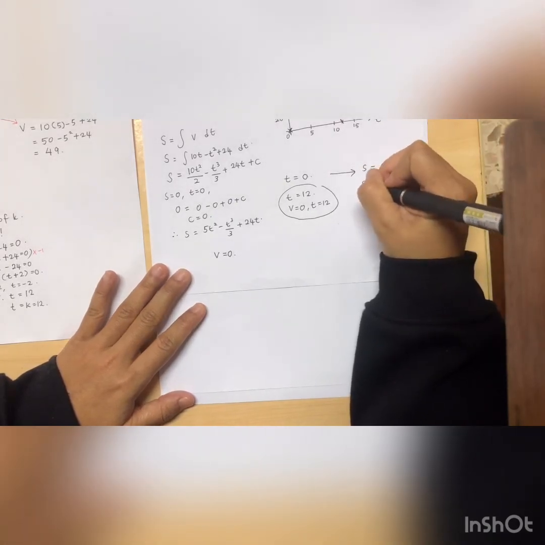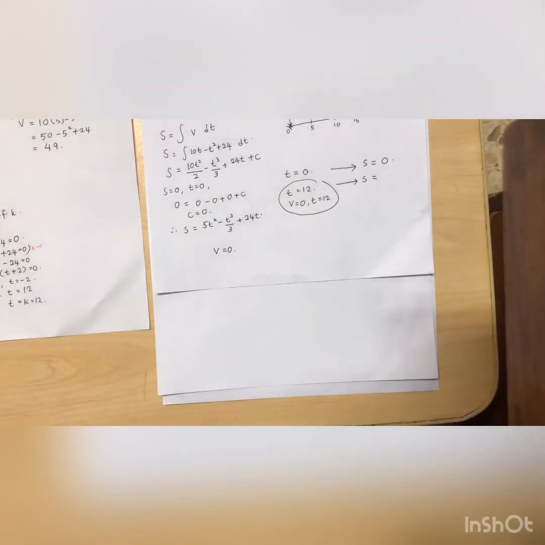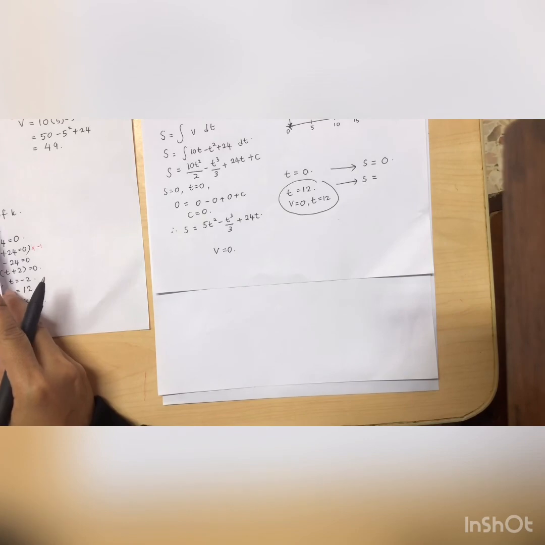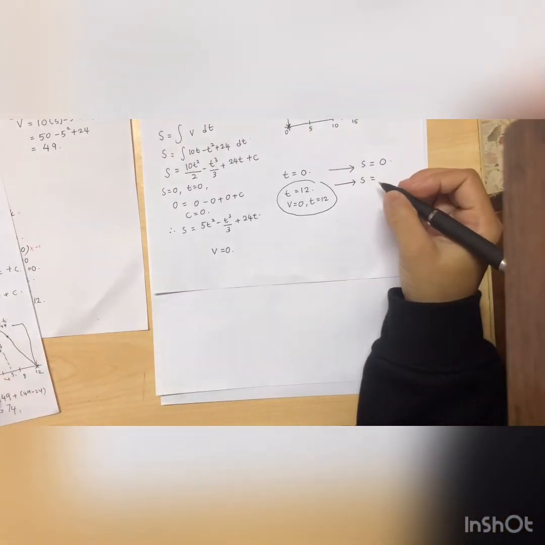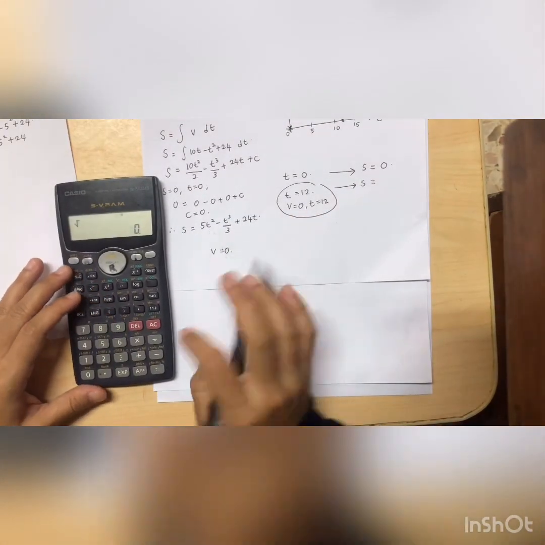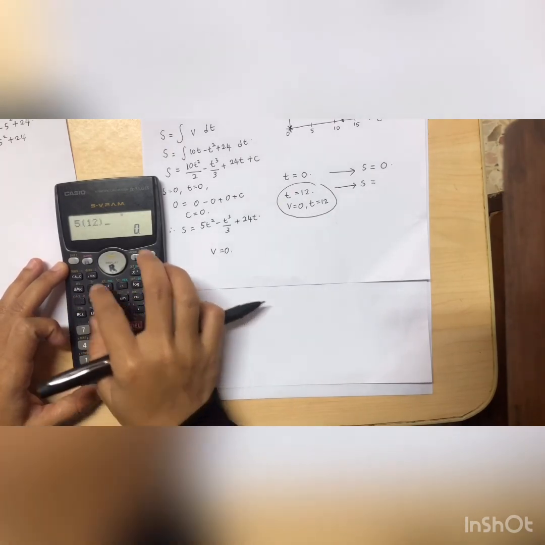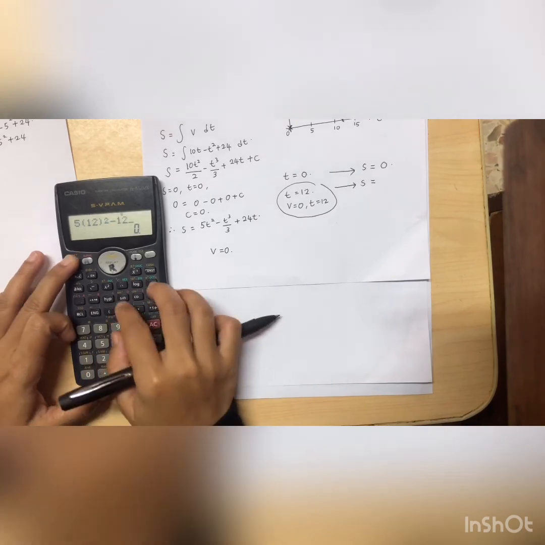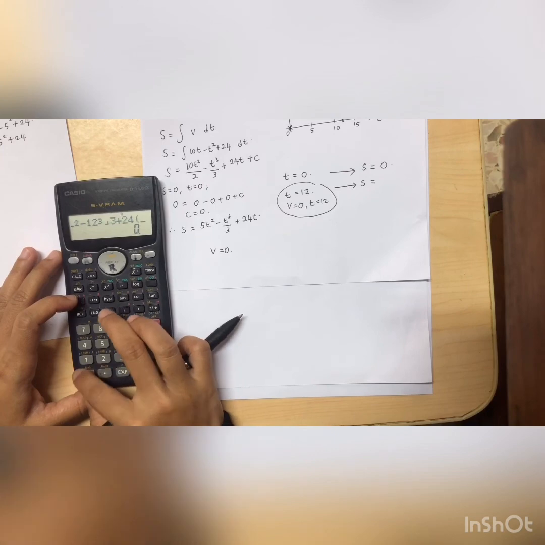When t equals 12, s equals, you just need to put everything into the formula. Let me calculate this. Okay, let's put it together: 5 times 12 squared minus 12 cubed over 3 plus 24 times 12.